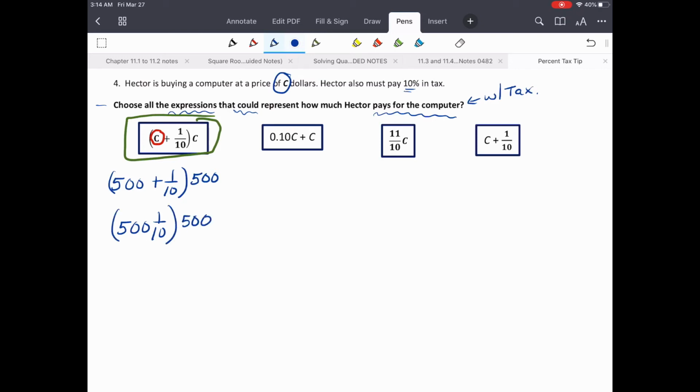500. Now 500 and 1/10, if I want to put that in my calculator, I'm going to write that just as 500.1 times 500.